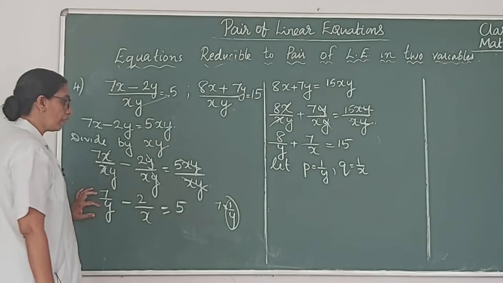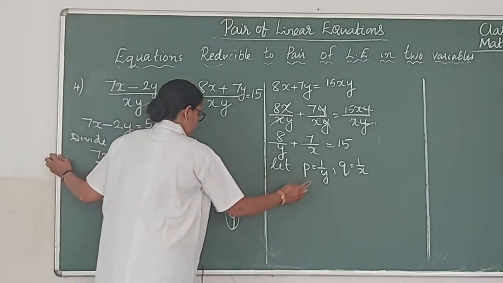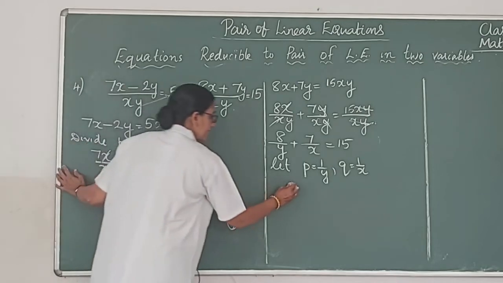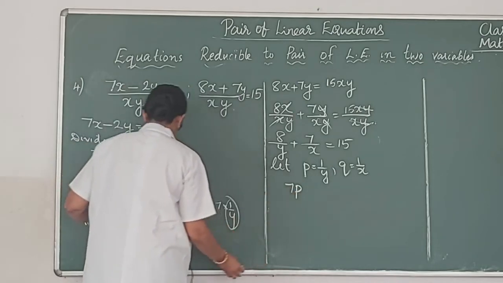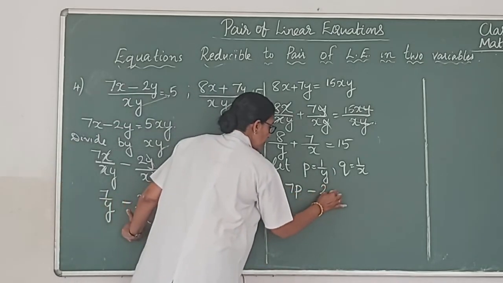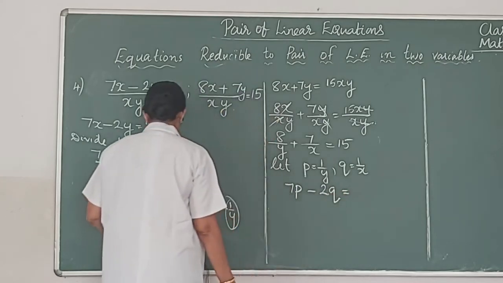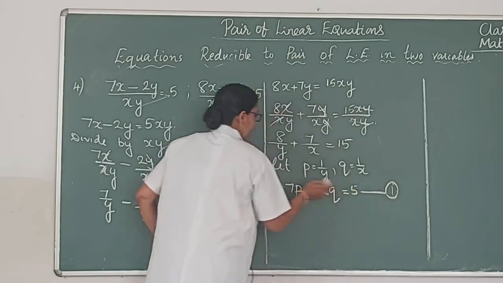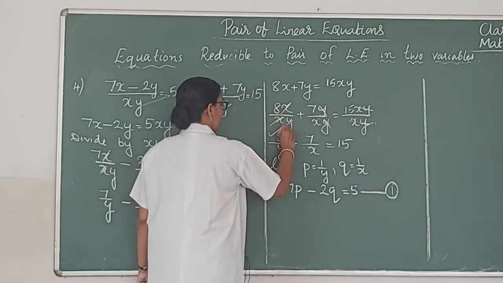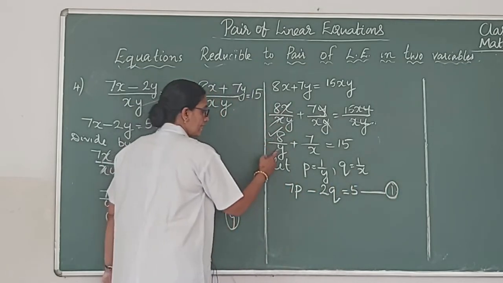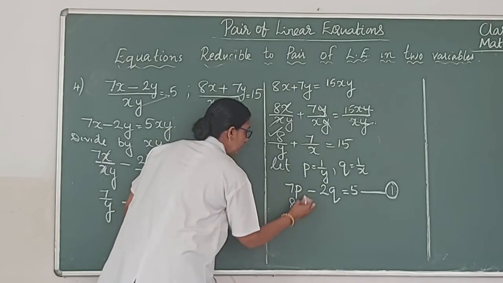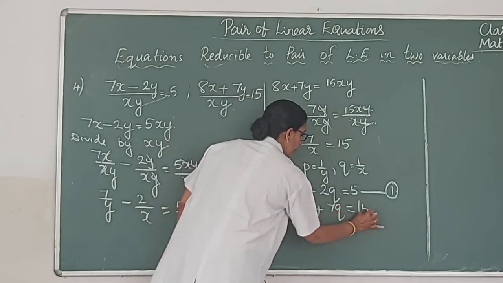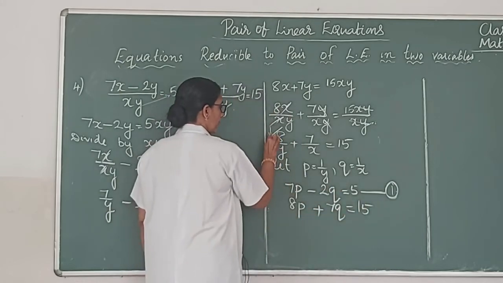7/y, how can we write it? 1/y is P. So we can write it as 7P − 2Q = 5, equation 1. Then the second one, change this: 8P + 7Q = 15.